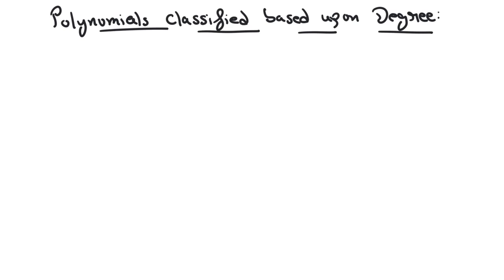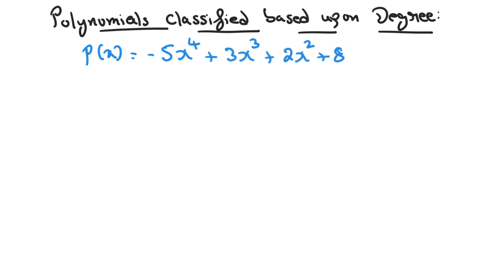Let us look at this polynomial. P of x is equal to minus 5x to the power 4 plus 3x to the power 3 plus 2x to the power 2 plus 8x plus 9. Of course, this is a polynomial. By now, we have become experts in figuring out whether this is a polynomial or not, because all the powers of the variables are whole numbers.